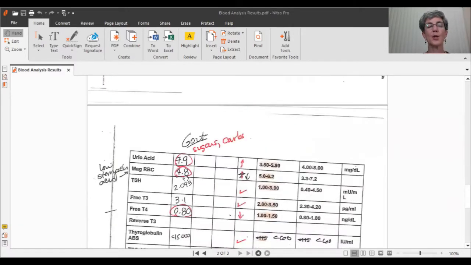Going on to the third page here, we're looking at uric acid. A high uric acid can be associated with gout and is typically associated with eating too many fruits and carbohydrates or a lot of inflammation in the body. You typically see uric acid being high when there's diabetes going on or a lot of insulin resistance.